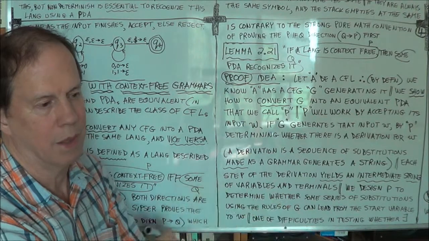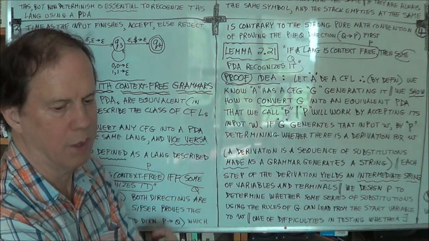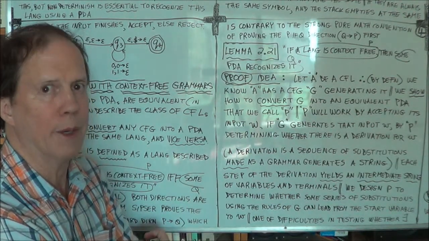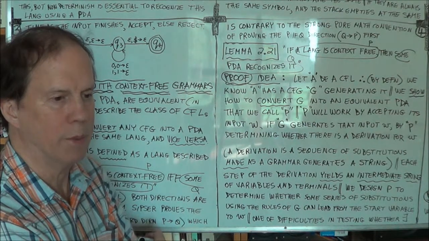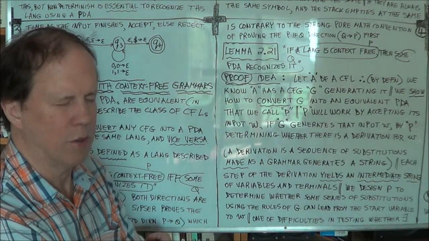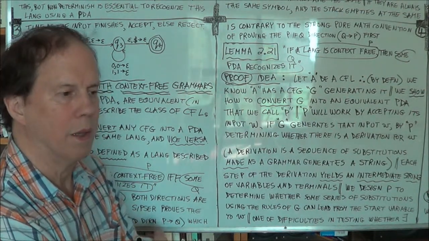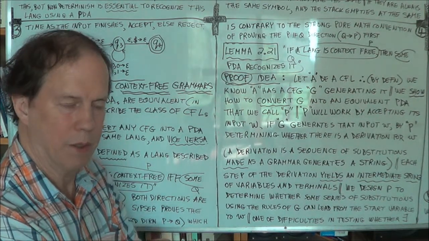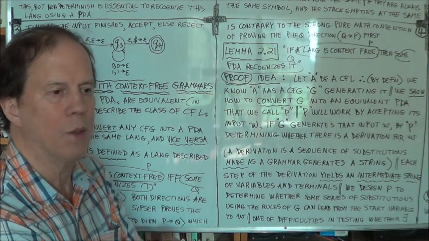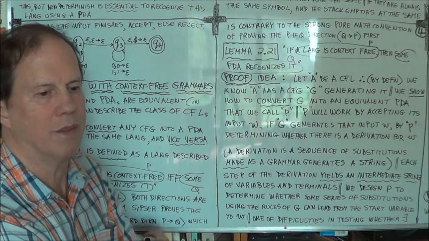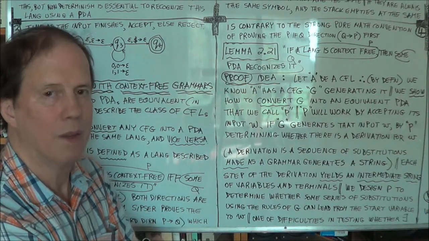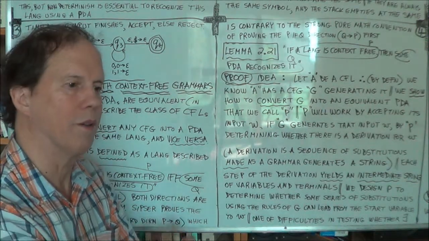Okay, and that terminal string, because it's been derived from the rules of the grammar, will be a member of your language. Now, if the PDA can also generate that string, then it's equivalent to the grammar.